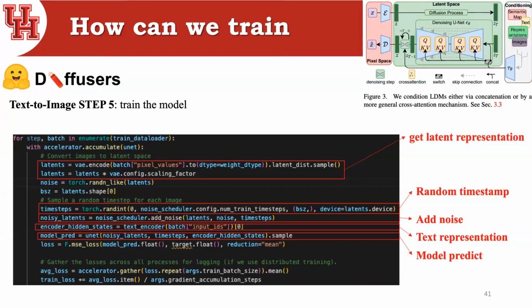The third is you put your text into a representation, like an embedding, the tau theta. Then you combine the text representation and the latent representation. And then the UNet will give you a model prediction. And then this is a continuing loop.